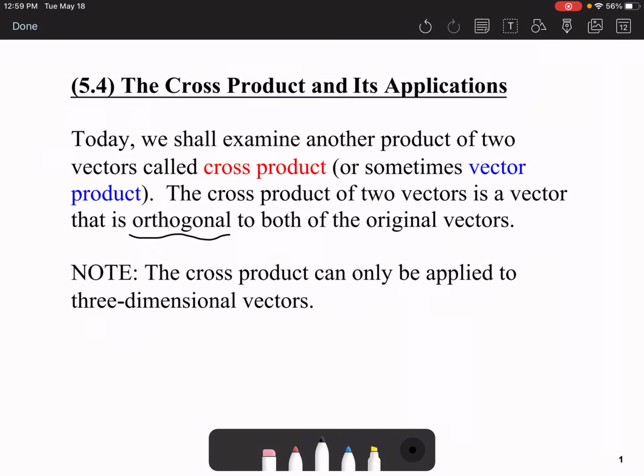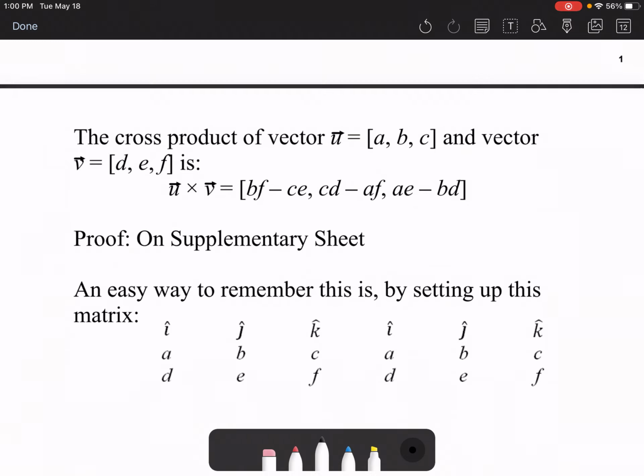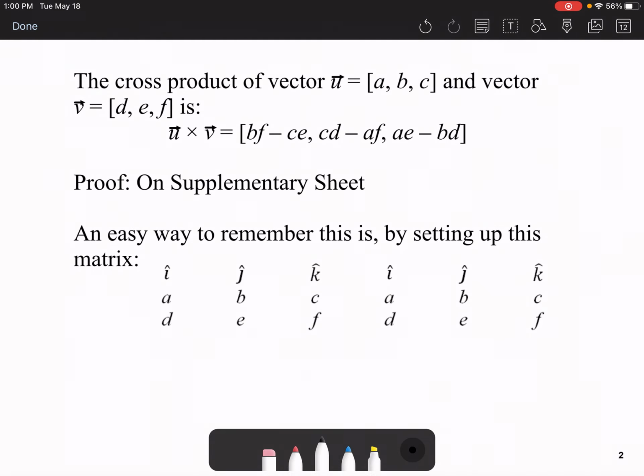Also, if you're interested in finding out how to actually come up with this cross product, you can look at a supplementary document. So, the cross product of the vector u, we'll call it a, b, c, and the vector v, given by the components d, e, and f, can be calculated as u cross v is equal to bf minus ce as the first component, cd minus af as the second component, and ae minus bd as the third component.